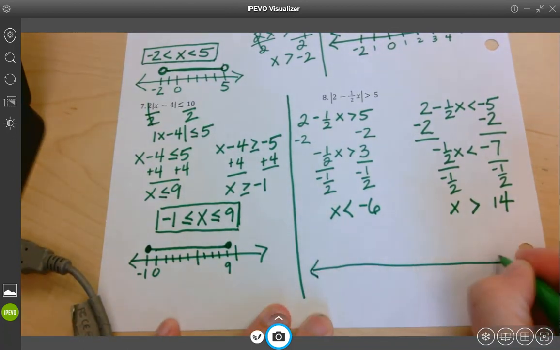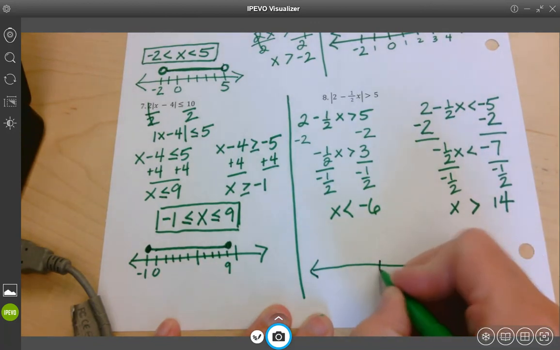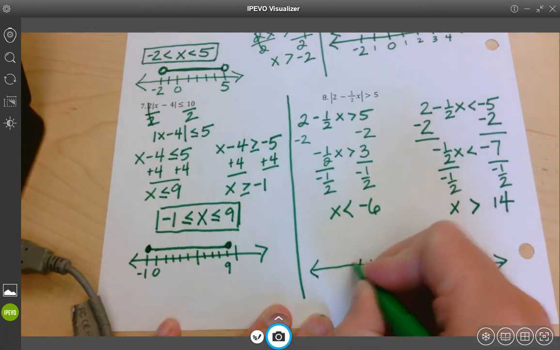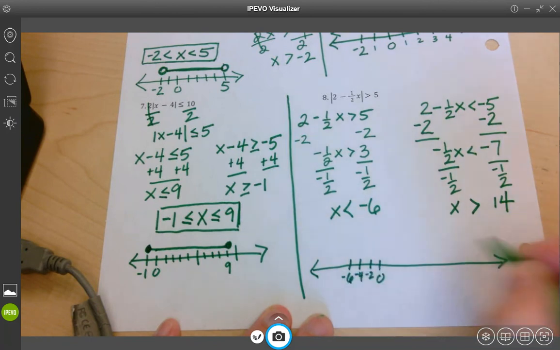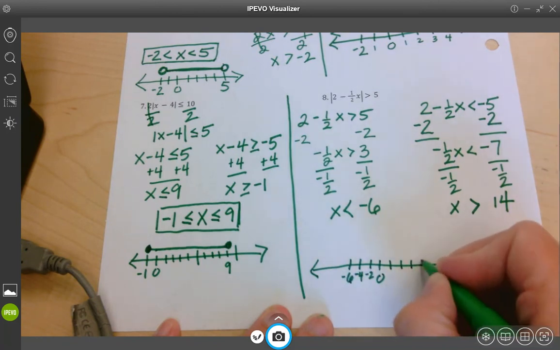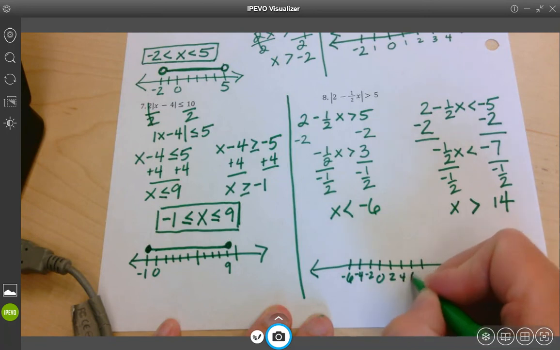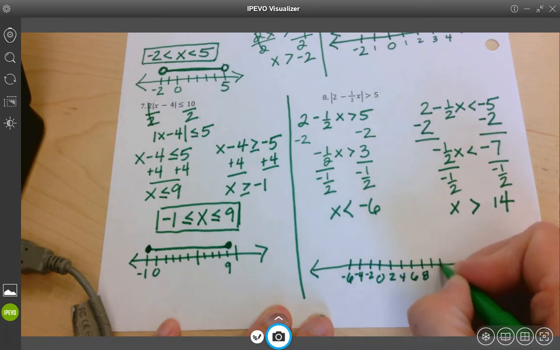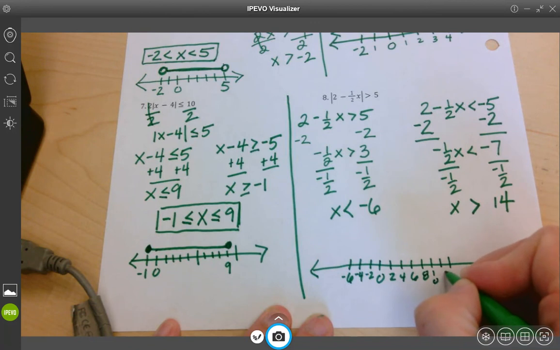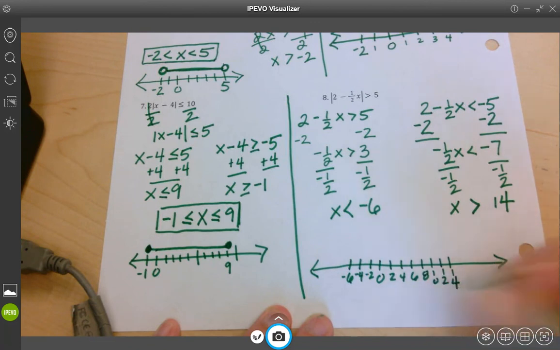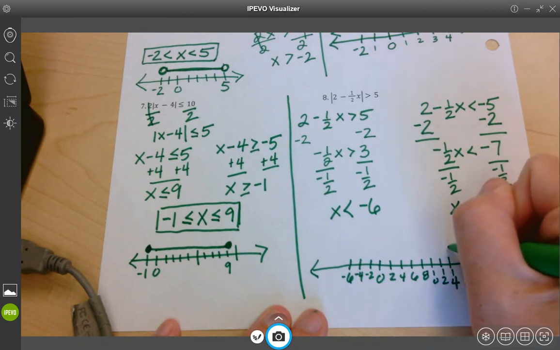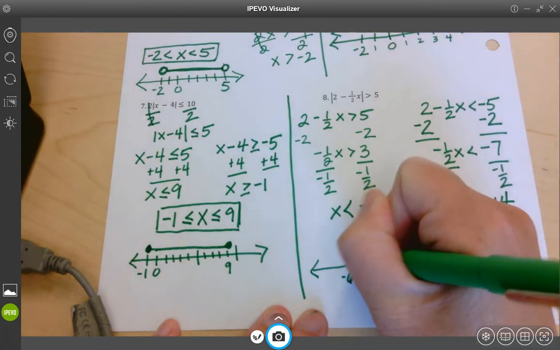I think I'll just count by twos this time. So here's 0, 2, 4, 6, -2, -4, -6, 2, 4, 6, 8, 10, 12, 14. Okay. So I've got open dots at 14 and -6.